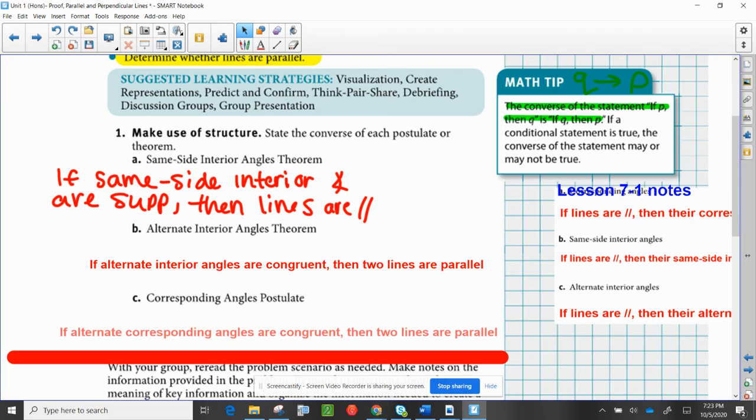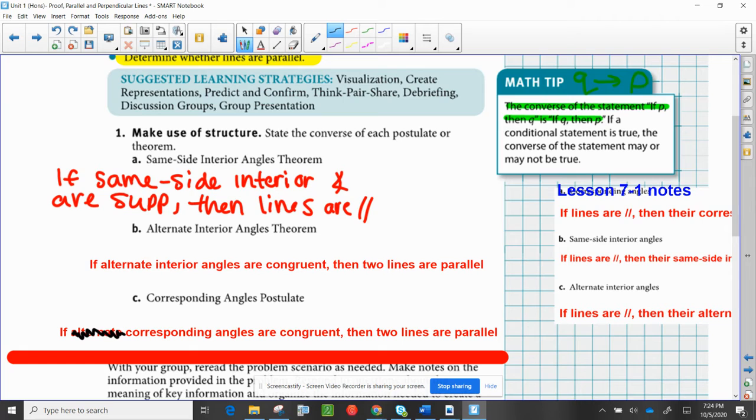And then our corresponding angle postulate says, sorry, we shouldn't have alternate there. If corresponding angles, typo, if corresponding angles are congruent, then 2 lines are parallel.